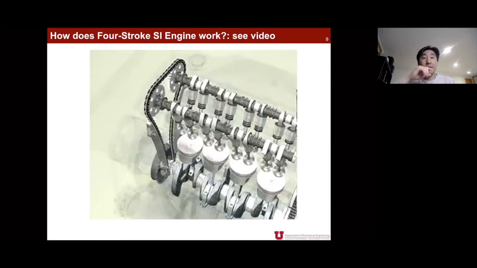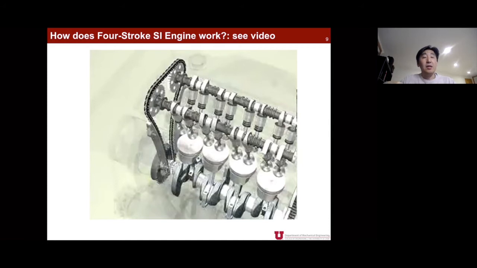So four-stroke SI engine should have two rotations of your crankshaft as one cycle. Compared to that, a two-stroke SI engine has two strokes, or one rotation, as one cycle.